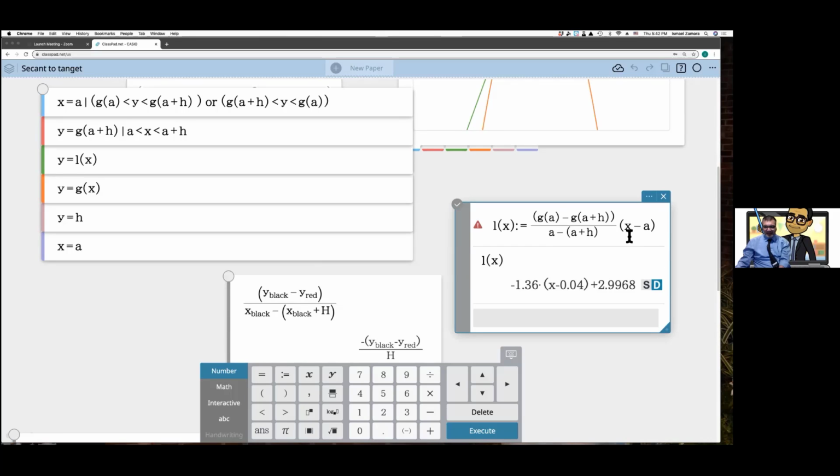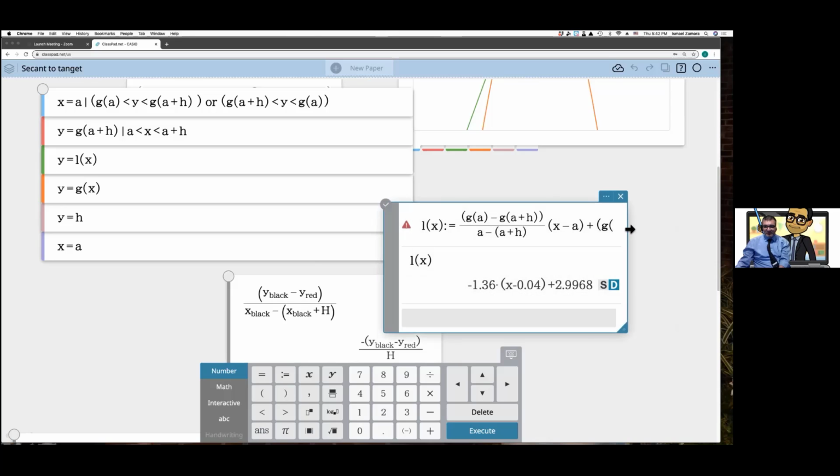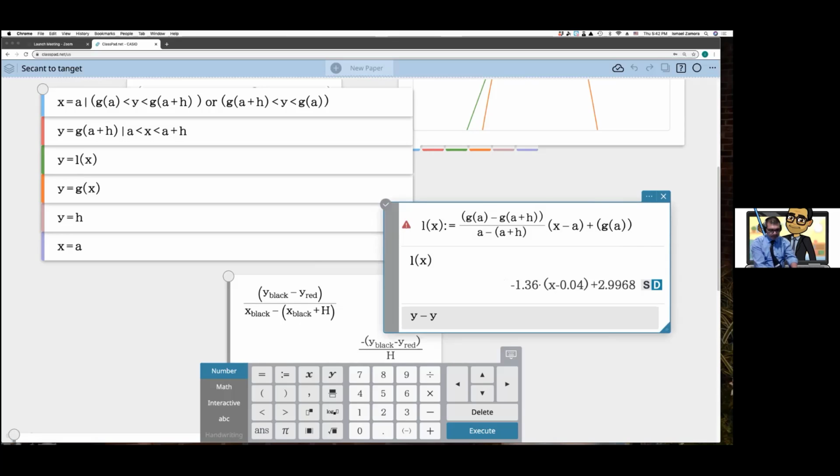When I plug in for an x minus this a value, and I think I've got more to show, because if you use your algebra equation, which is y minus y1 equals m times x minus x1.